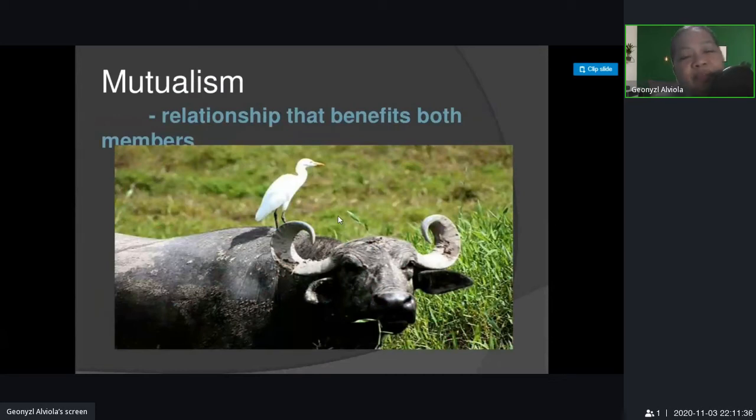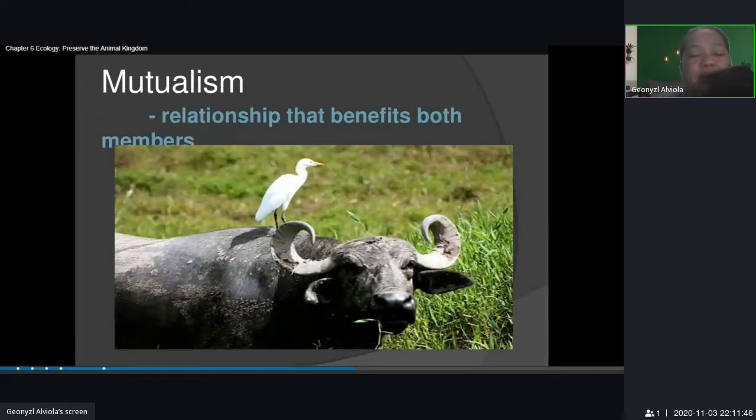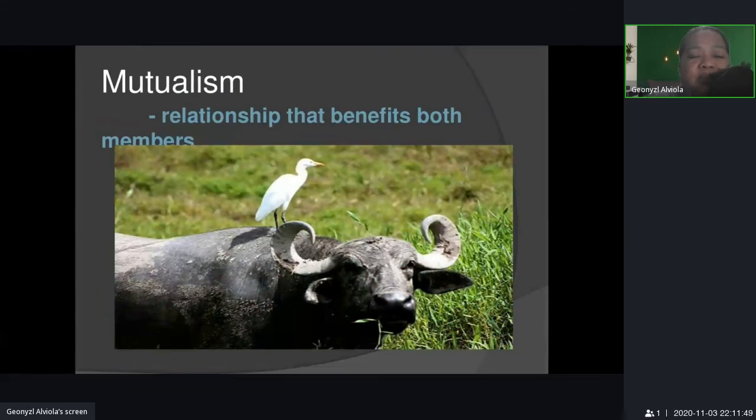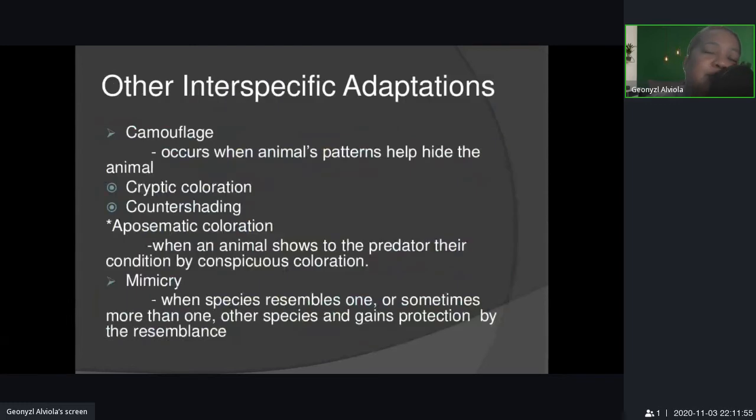So the birds pick up those ticks and the carabao will be free from ectoparasites. The ticks serve as food for the bird, and relief for the carabao.